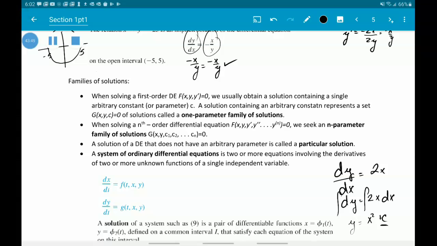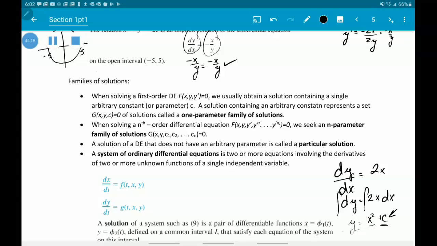That's what we're talking about here. There's a family of solutions, unless we have more details about what that solution looks like. Maybe we have a point, which we called an initial value back in Calc 1, and we will call it an initial value now. Then we can't really solve for C unless we know a point that the graph has to go through. If we do have that information, then we can plug in for x and y, and figure out what C is.